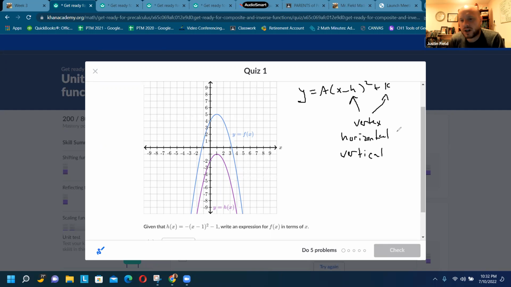So the horizontal shifted h and the vertical shifted k. And then the a is like the size change, right? The dilation. So if the graph gets skinnier or wider or whatever.